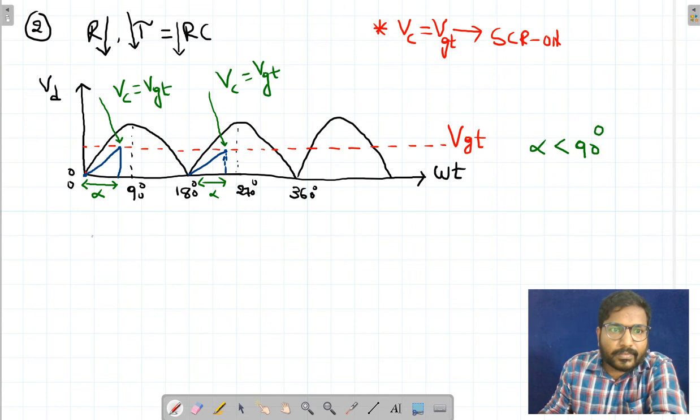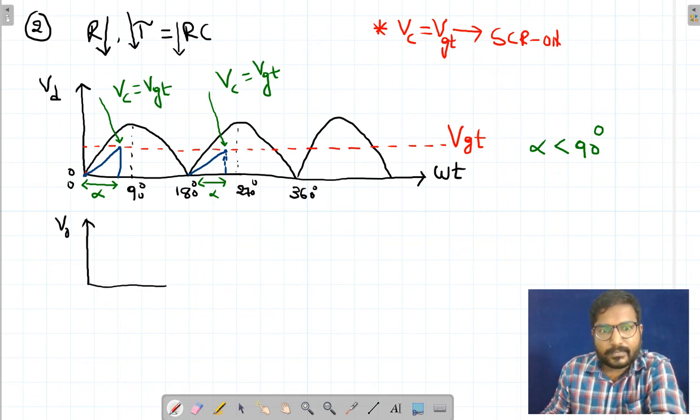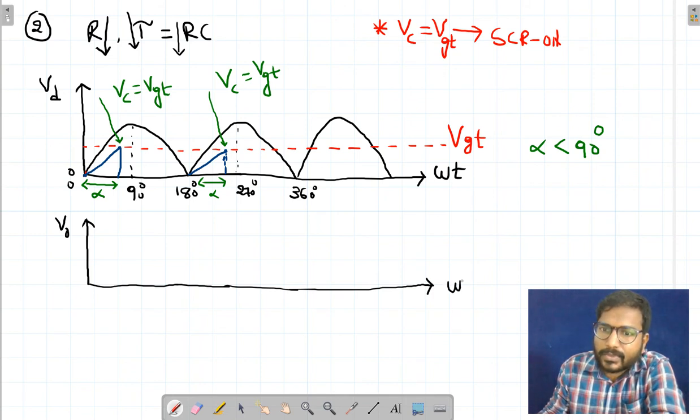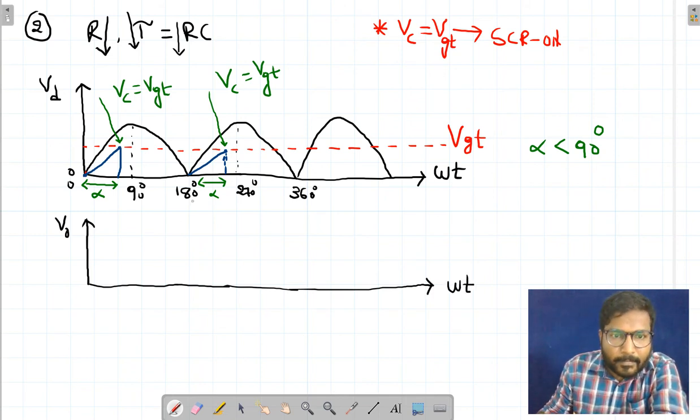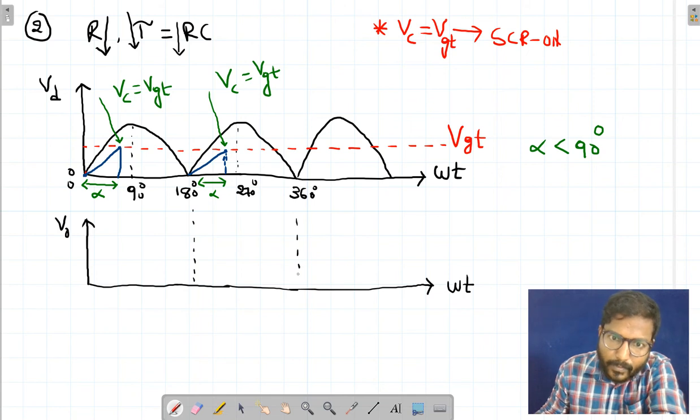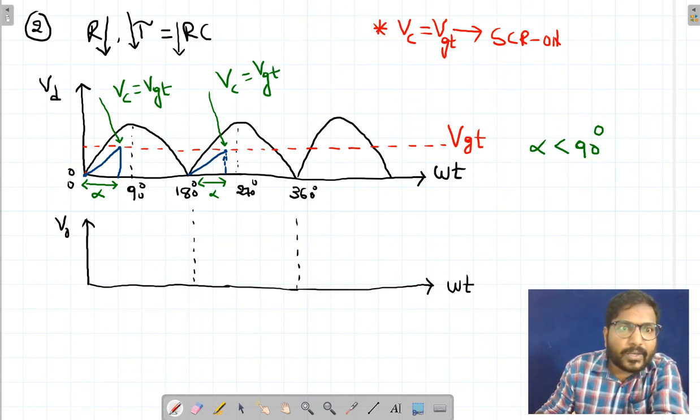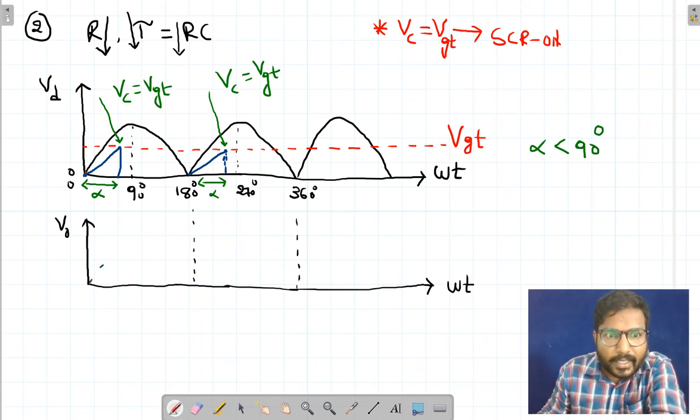And coming to the voltage across the load. What about the voltage across the load? This is omega t. Draw the dotted lines of VD, imaginary lines.